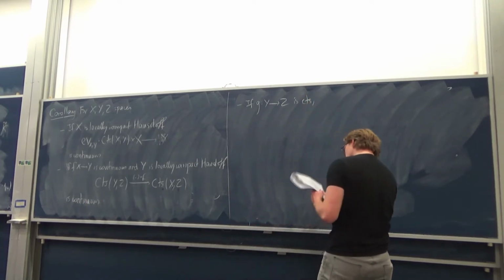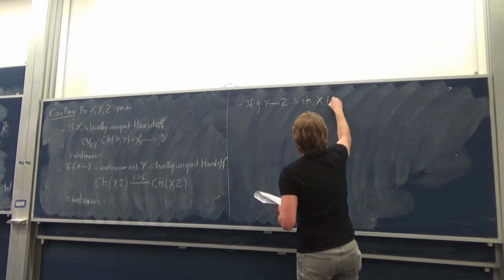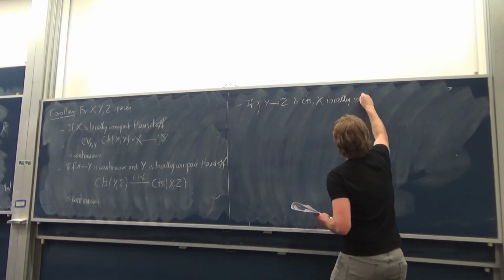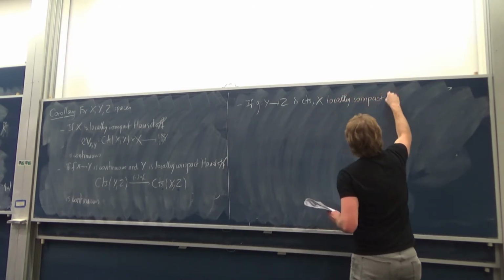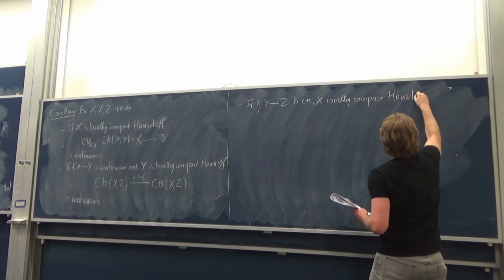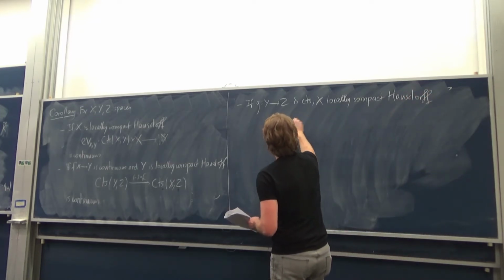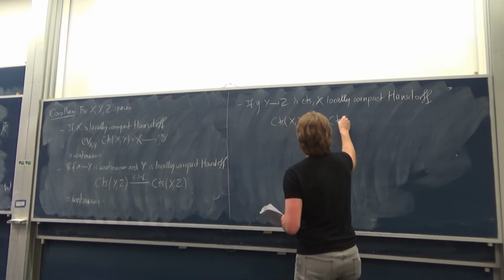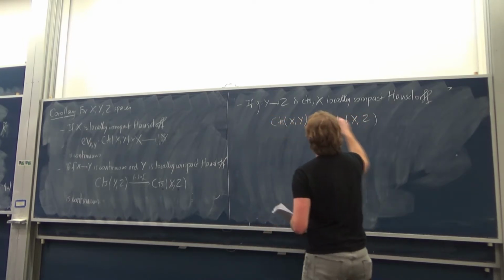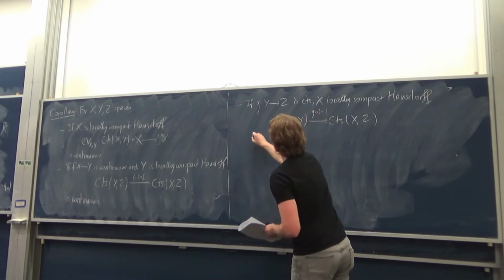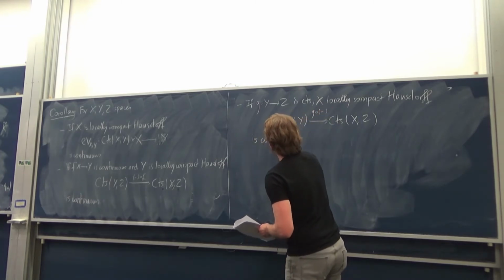And if I have a continuous map G, and X is locally compact Hausdorff, then the map which post-composes with G is continuous.